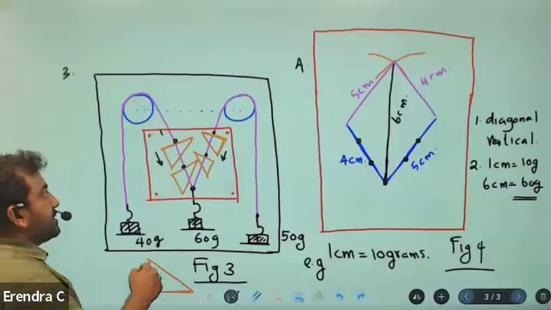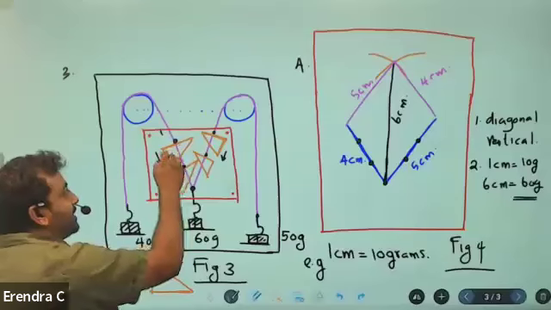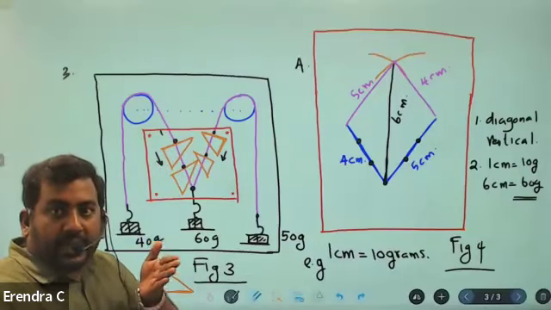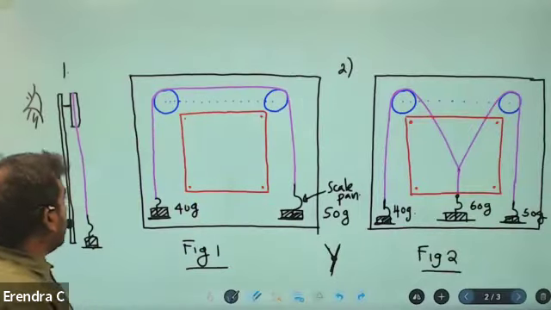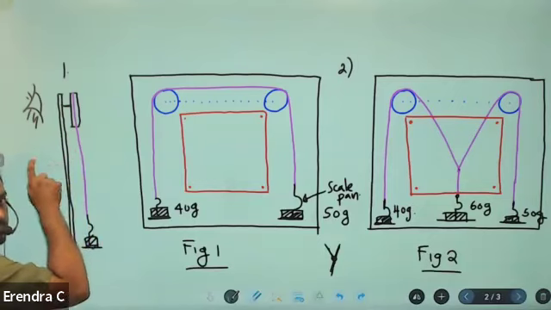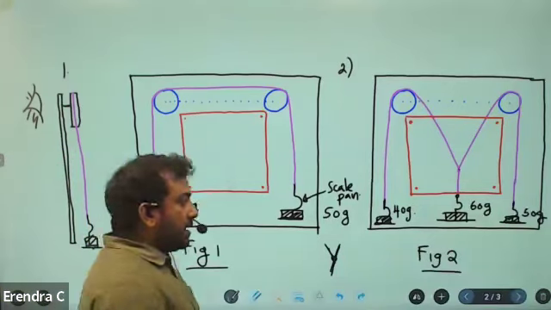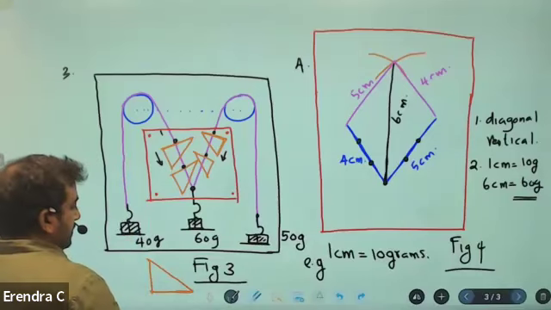Now what happens is, here instead of using the set square, because there's a gap here between the string and the board, look at the board.